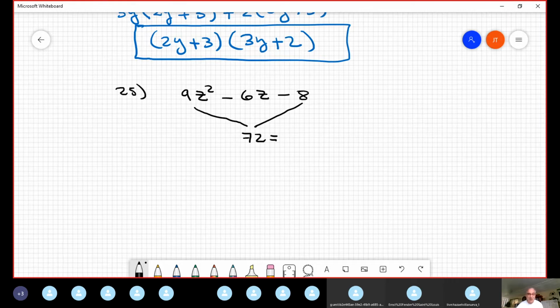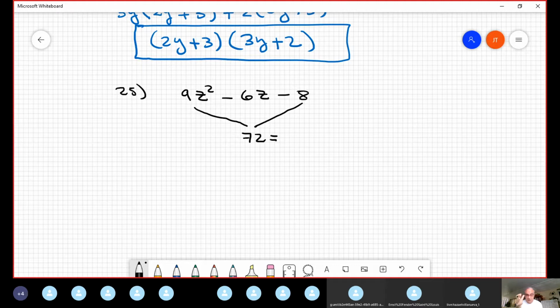After that, I try to find the combination. The combination is two numbers that multiply to 72 and somehow, when you add or subtract, give me 6. Forget about the sign. The sign is not important so far.